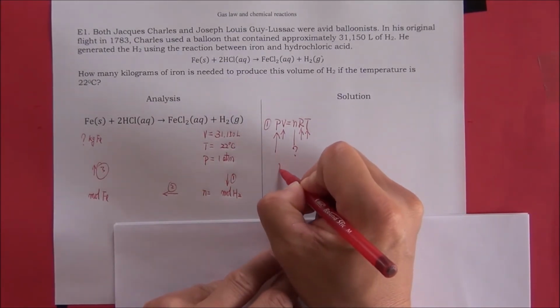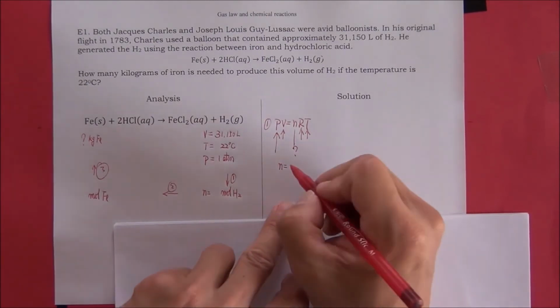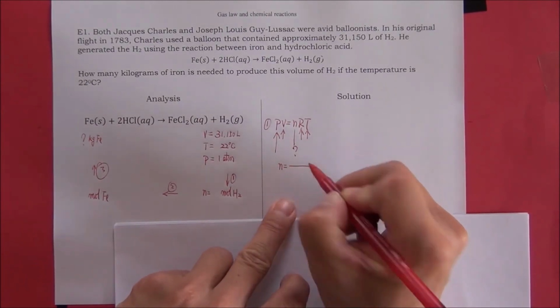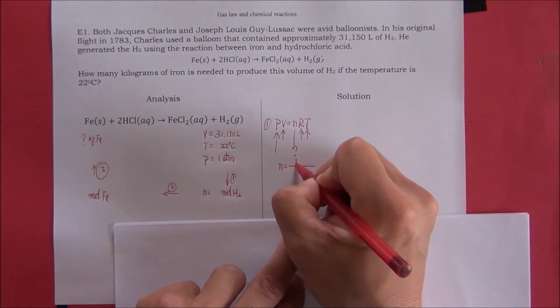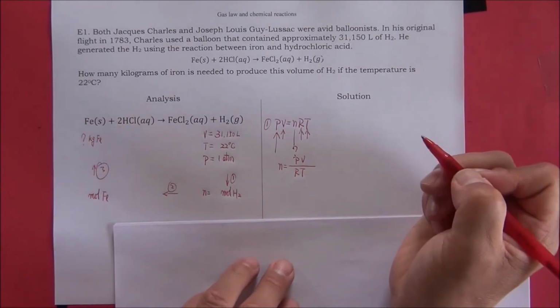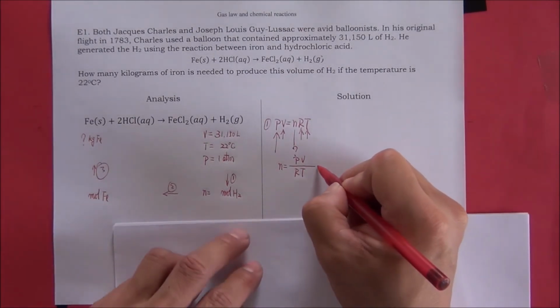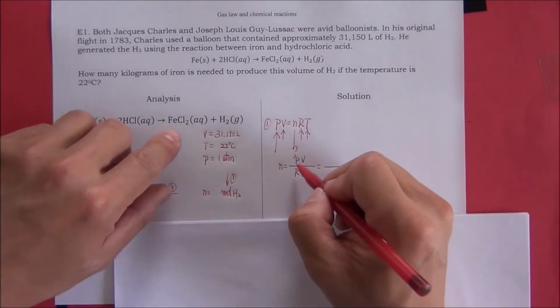We need to use the algebraic skills we learned from math classes to do a rearrangement. The moles equal to PV divided by RT. All we need to do is plug in the numbers with units.